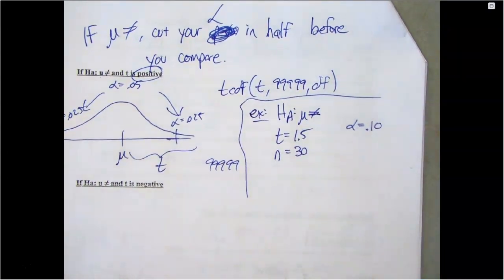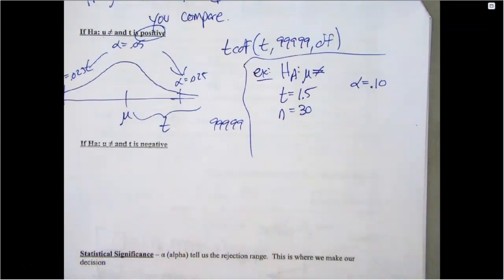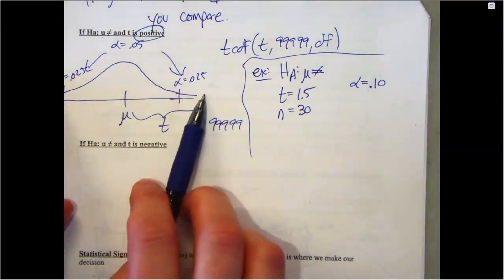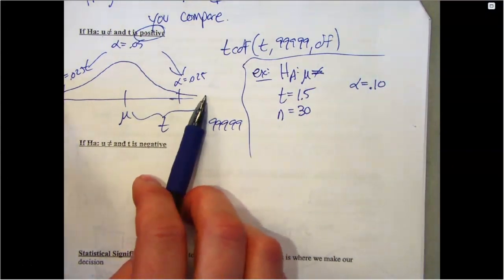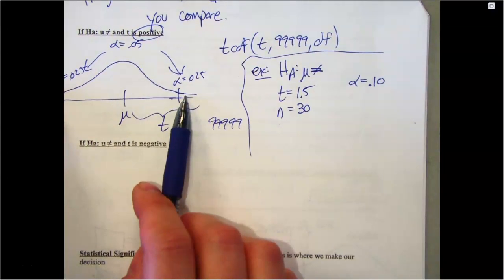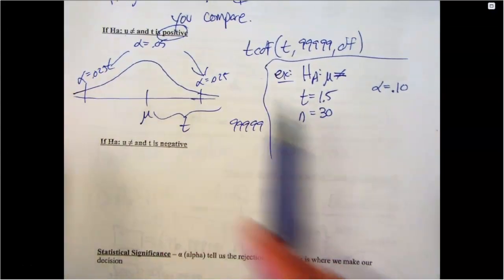So let's find the p-value and try to make a decision. If it's further into the tail, you reject. So in this case, if the p-value is less than 0.025.